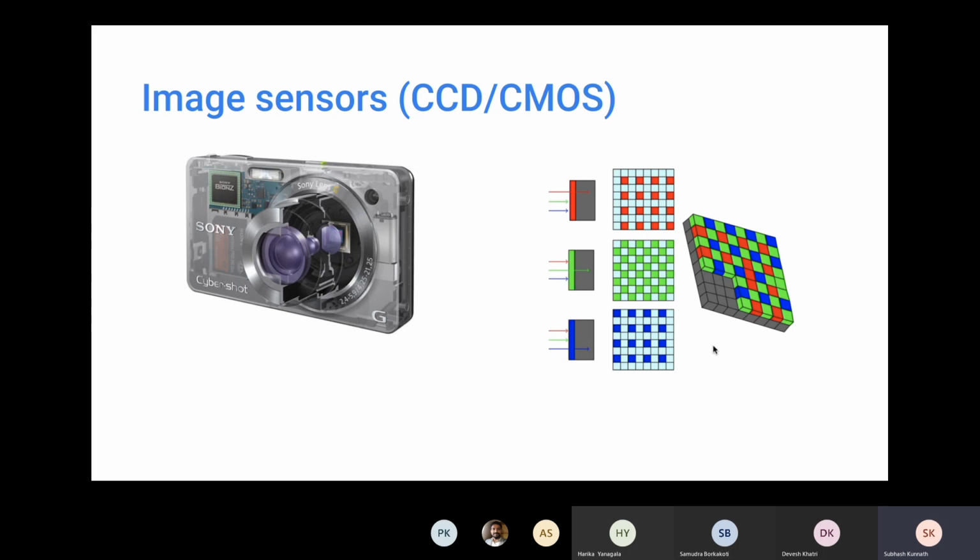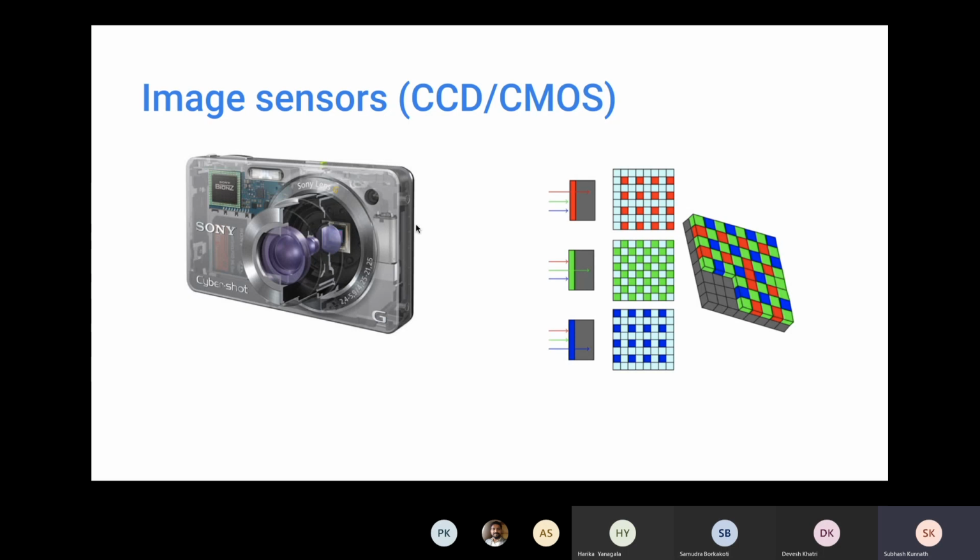And now see how this real world visual information is converted to image file formats. In a digital camera, just like the eye, there is a lens. In the eye, for focusing, the lens curvature changes using muscle contraction, and in the digital camera, it's the forward and backward movement of the lens itself. And there is an image sensor, just like the retina in the eye.